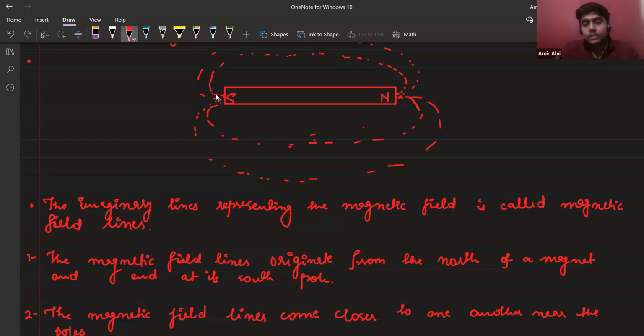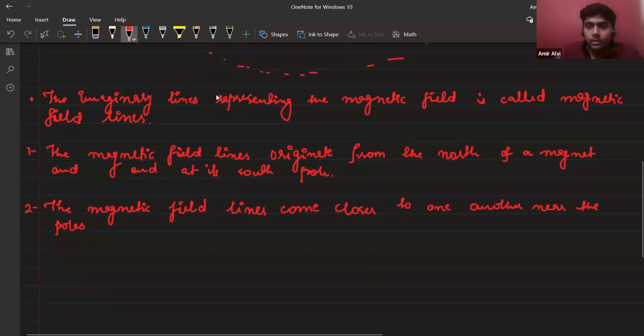I will write this down as well, don't worry. Near the pole they will be crowded at a point, but they will never intersect. That is one of the major properties of the magnetic field line and the electric field line as well. These two properties are common to both. Yes, sir.